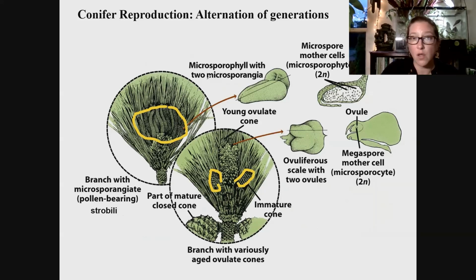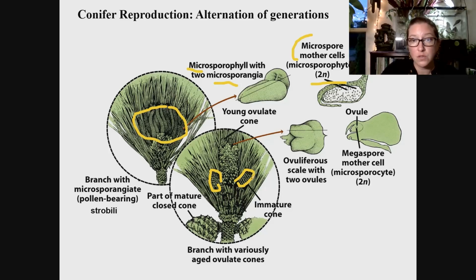Strobili, just like all the strobili we've seen before, have a microsporophyll and microsporangia. Inside the microsporangia are those spore mother cells that are 2N, and those are going to be what undergoes meiosis to make microspores.